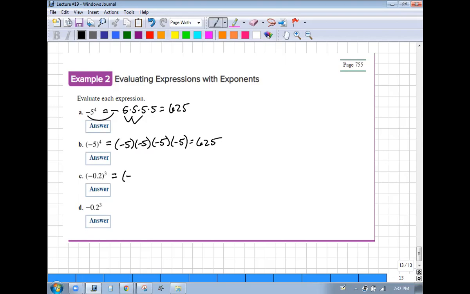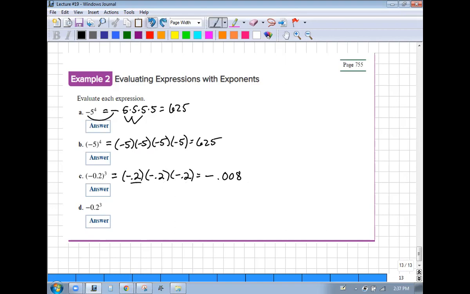This one, because the minus is inside the parentheses, we have to keep this minus every time. So a minus times a minus times a minus is a minus. 0.2 times 0.2 times 0.2 is what? 0.008. 2 times 0.2. Yeah, 0.008. 2 times 2 times 2 is 8. And we have a tenth and a tenth and a tenth.